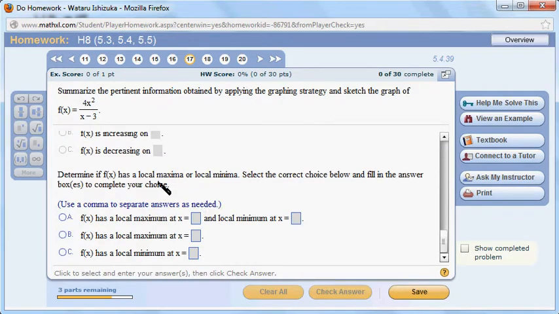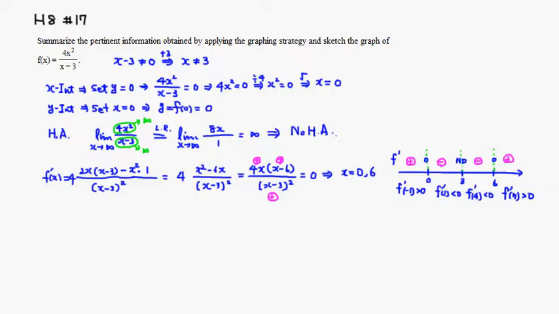Then we're going to look at local max and local min. Let's go back here. This is a critical number. It's increasing, going to decreasing, so you have a local max here. And here decreasing to increasing, so this is going to be a local min there.